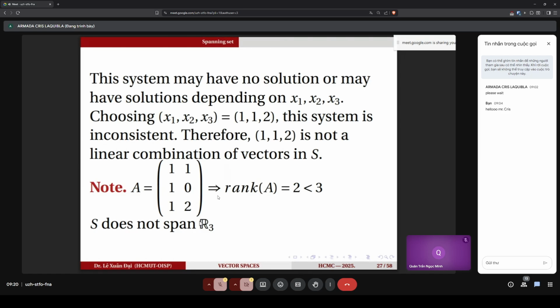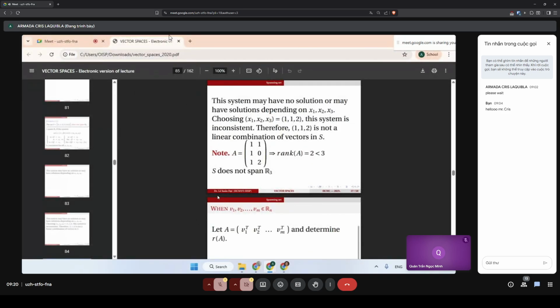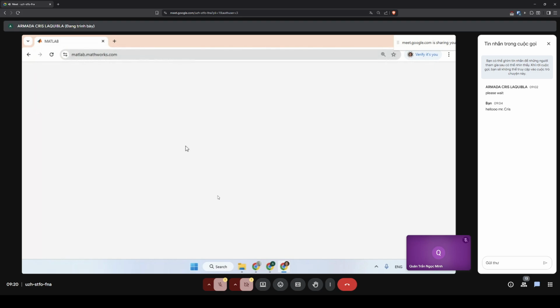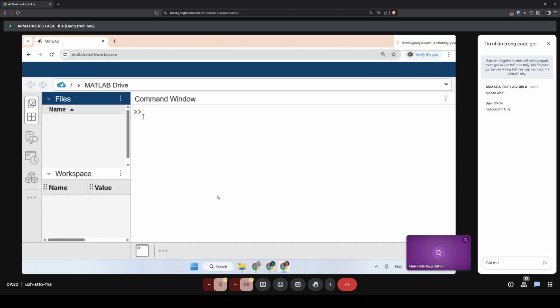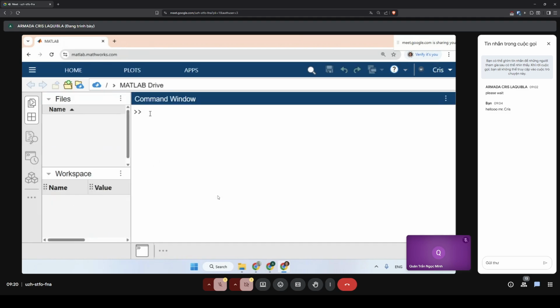Okay, now we solve the rank. You should have their leading ones. If you have your MATLAB, it's easier to see. A is equal to [1 1; 1 0; 1 2].